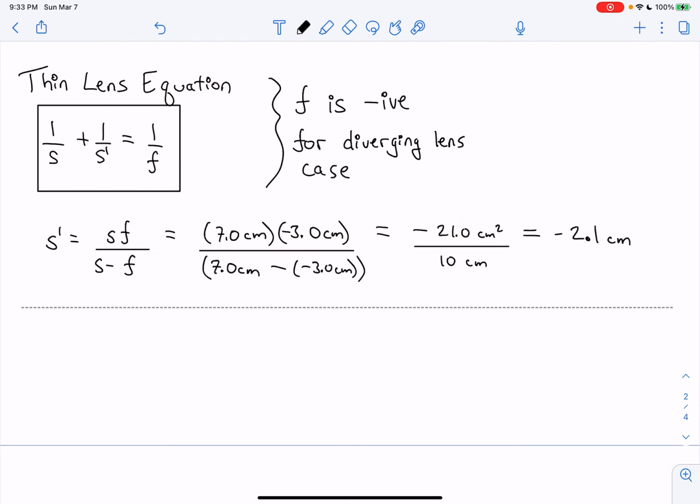Okay, so the magnification factor is equal to negative s prime over s. And so in this case, we have negative 2.1, and then we have an s of 7.